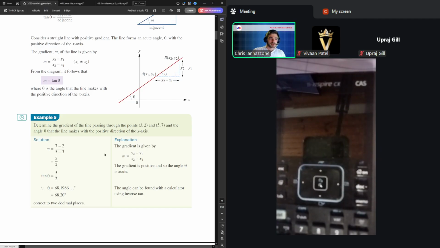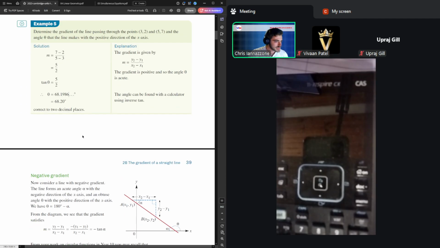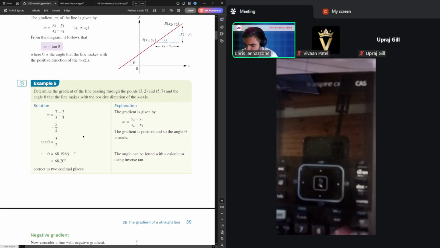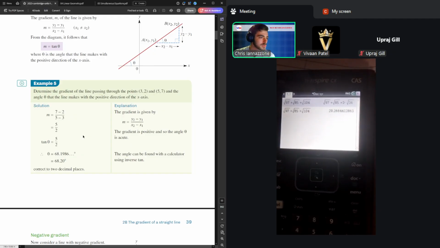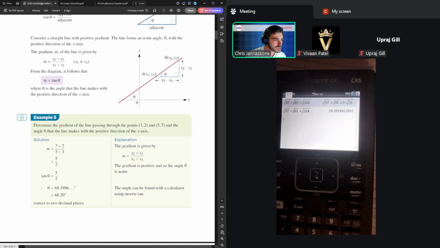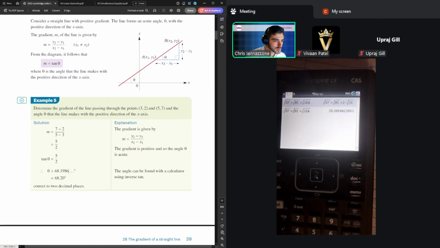What we also know from trig ratios is that the inverse trig ratios also exist. So if you were to calculate the gradient and then had to get the angle from that, then what you would be doing is the tan inverse of that. They didn't seem to show it here for whatever reason. I'll just do it on the CAS real quick. Through the gradient method, we would do the rise over run. So a rise from 2 to 7, a run from 3 to 5.